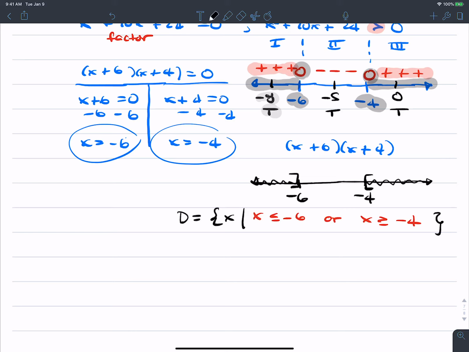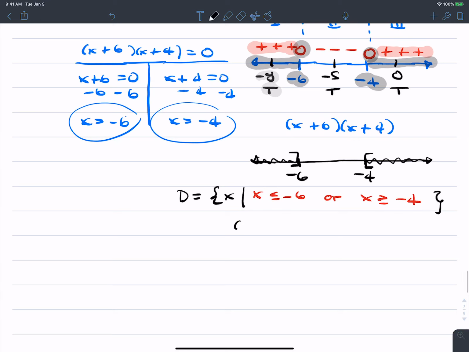Now in terms of interval notation again, look at the graph. The graph tells you what your interval notation will be. The left piece is -infinity up to -6. We include -6. The right piece is -4 all the way to positive infinity, and we include the -4. The word or, we can use union, so we're saying unite these two interval pieces, and we find that simply by looking again at our graph.